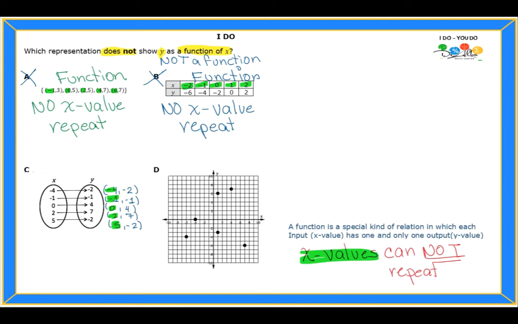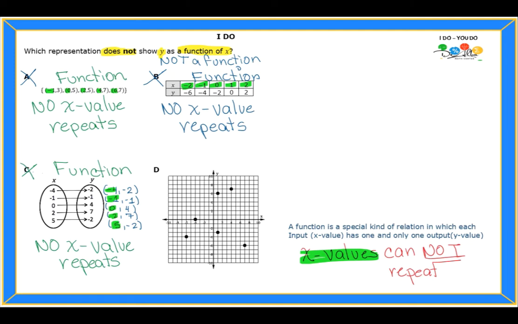They're all different values. So we're going to say no x value repeats, right? So if no x value repeats, then what does that mean? It means this is a function.